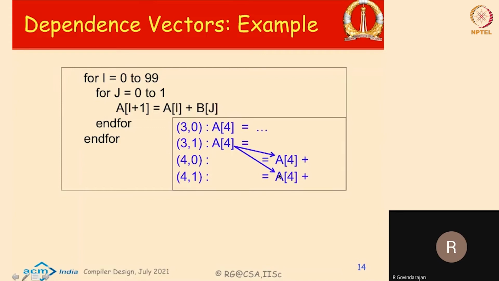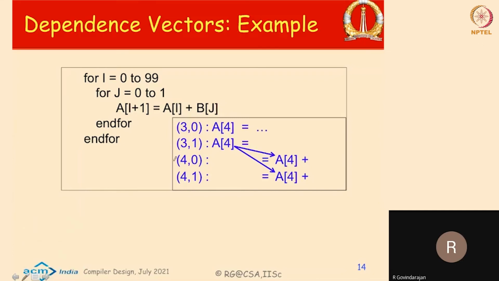So here, the distance vector corresponding to these two would have been 1 comma minus 1, whereas between these two, let me take the pen so that I can show.